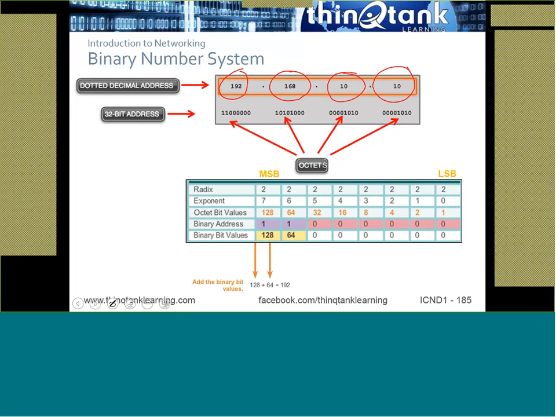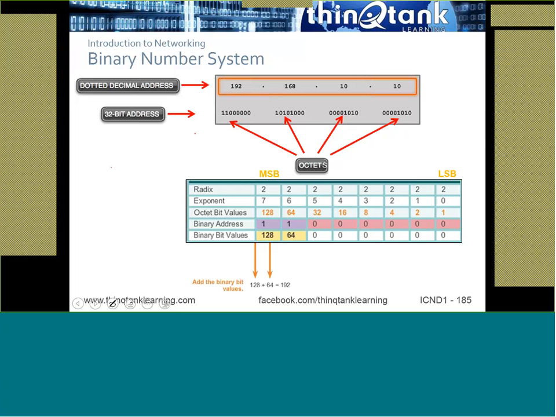We call those octets because each one of those decimal representations represents 8 bits, because an address is 32 bits in length. A subnet mask is also 32 bits in length. We'll talk more about subnet masks later on. So if you were to write this out in a way to understand it, it would be 8 bits dot 8 bits dot 8 bits dot 8 bits.